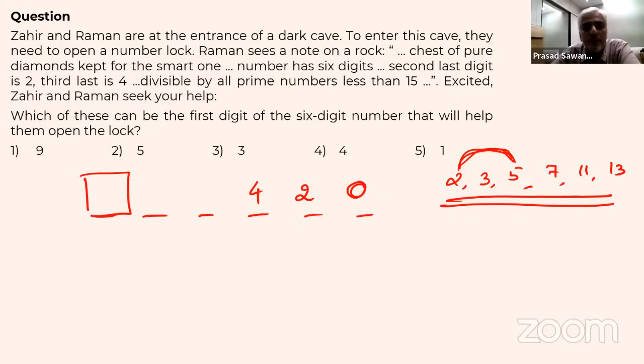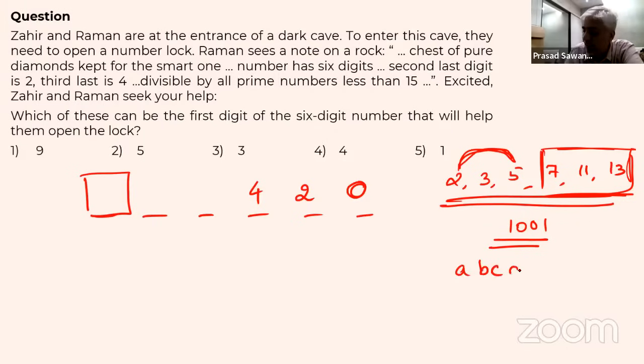Mansi, good? Now comes the important part. It is divisible by 7, 11, and 13, all three, I mean. Now, if you recollect your concepts, and if you've gone through your concepts well, you will know when a number is divisible by 7, 11, 13, it is divisible by 1001 and is always in the form of ABC, ABC.